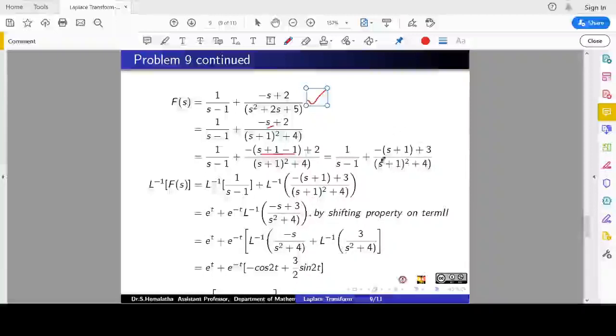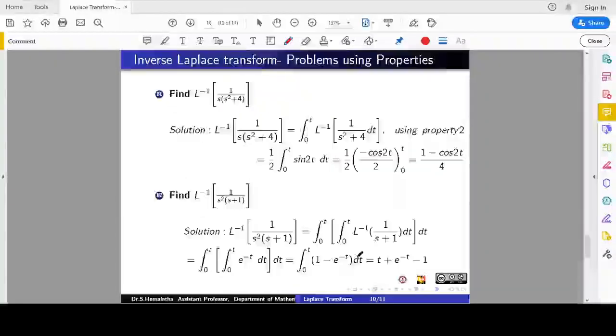And now for the second term we can apply the shifting property for inverse. So this becomes, just observe the second term, e power minus t, L inverse of this. Fine. Then you split the common denominator, apply the inverse Laplace, get the result. Again, this is the property of division.